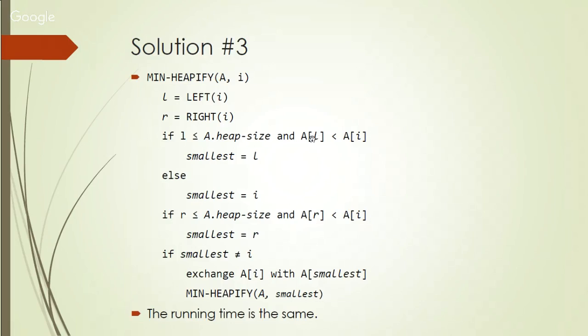For MAX-HEAPIFY it is greater than. Pretty much when it comes to the running time, it's the same. This time you're focusing on the smallest value, and with MAX-HEAPIFY, we are focusing on the largest value in the array.